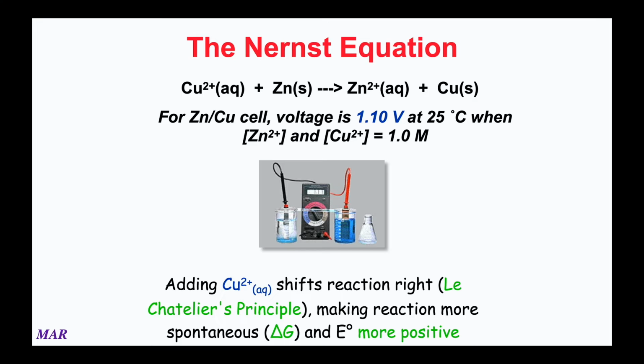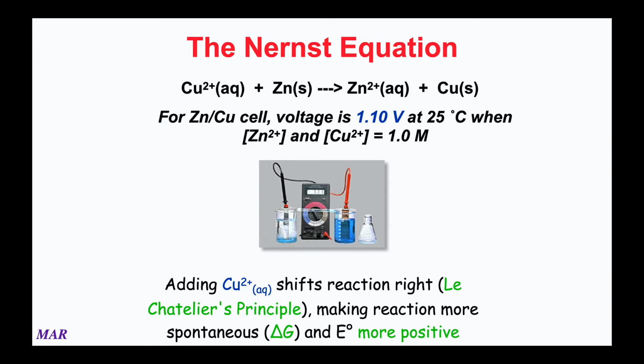We saw earlier that the standard cell potential is 1.10 volts, but that's assuming you're at 25 degrees Celsius and the concentration of the zinc 2 plus and copper 2 plus ions is 1 mole per liter. Well, all of a sudden, you add some extra copper 2 plus, so it's no longer 1.0 moles per liter. Maybe it's 1.1, and if you look carefully, the cell potential went from 1.10 volts to 1.11 volts.